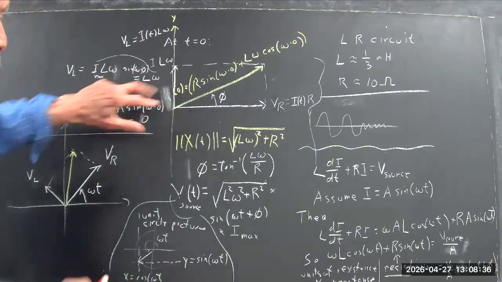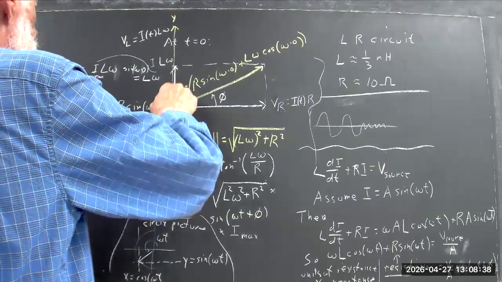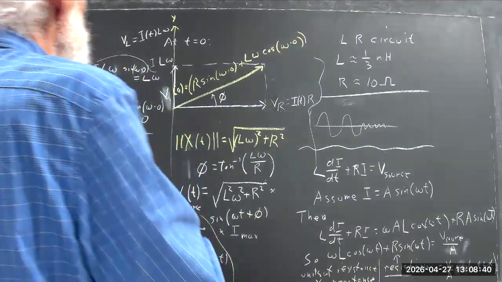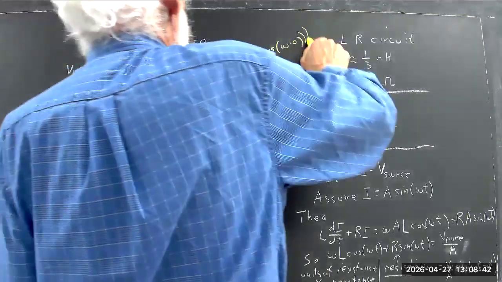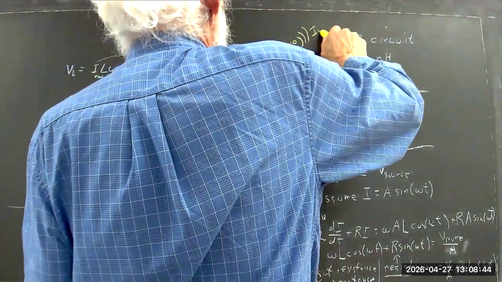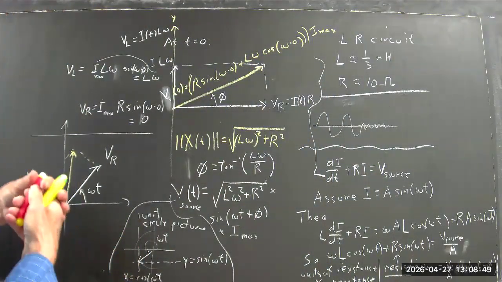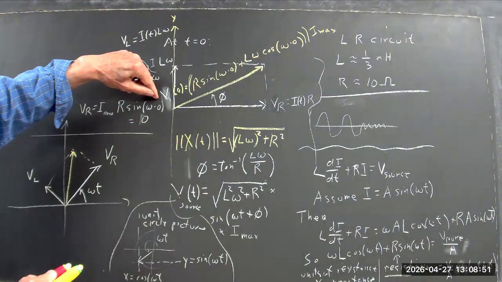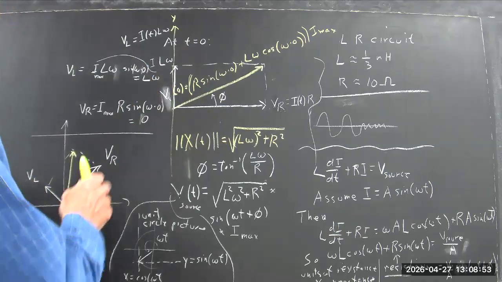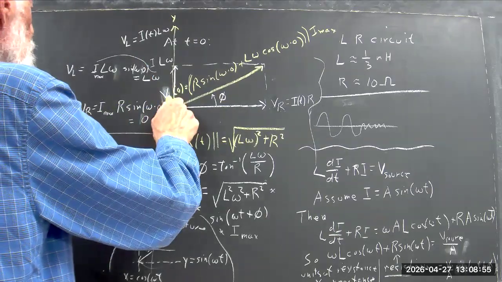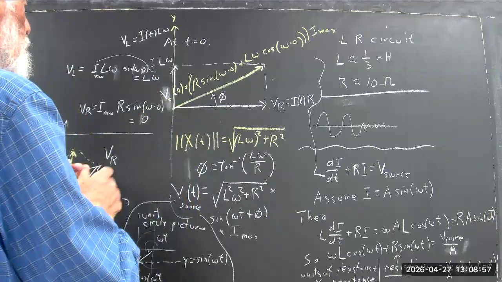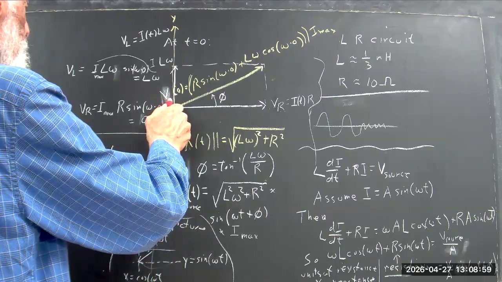I'm going to go back here and change one thing I wanted to change. Okay, this would be the source voltage at time zero.